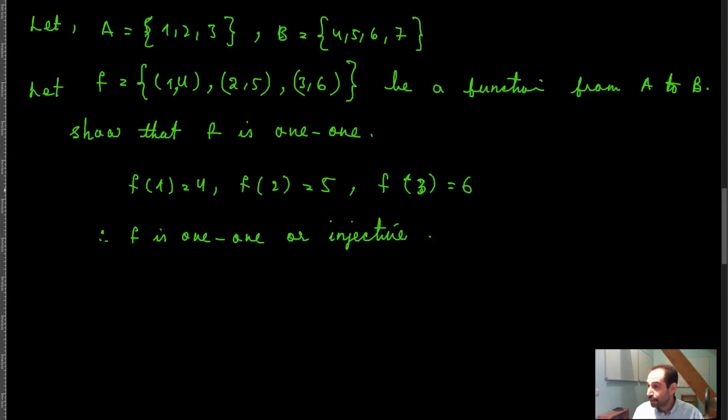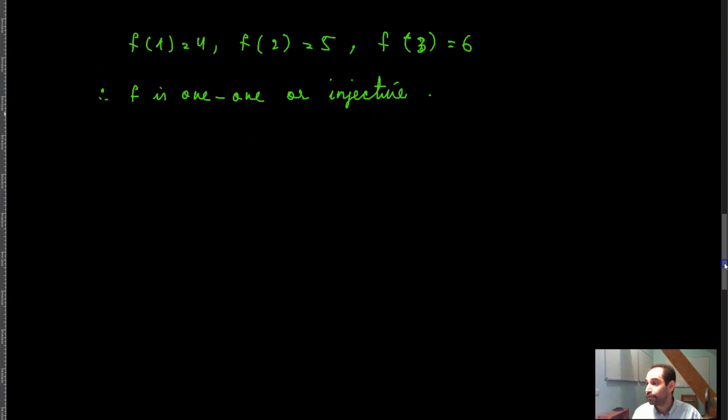Now the next question here is question number 7. You want to show, in each of the following cases, state whether the function is 1-1, onto or bijective.